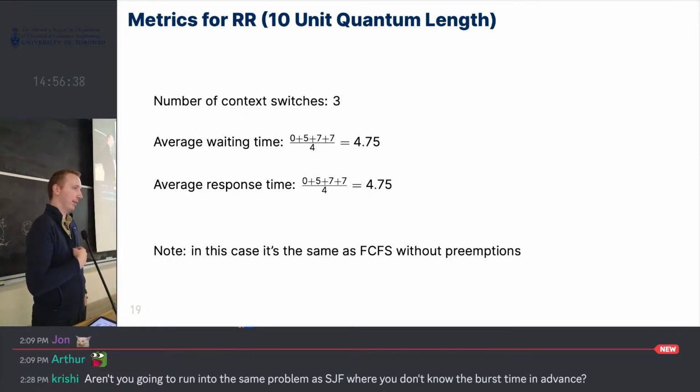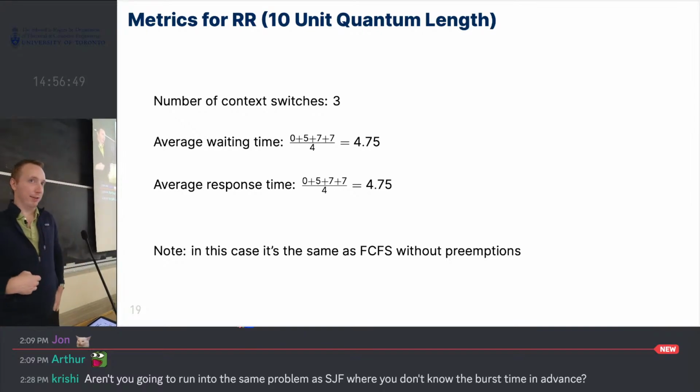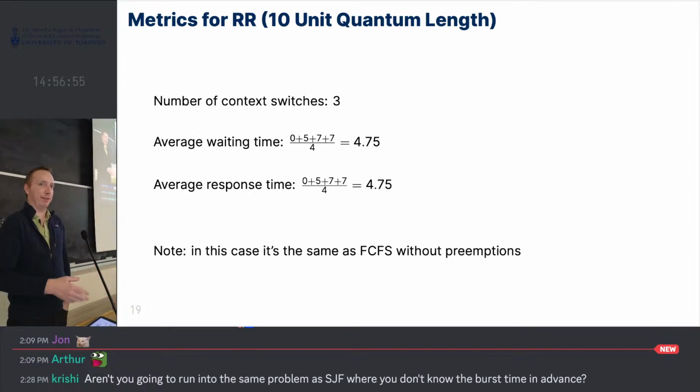Can you mix and match different scheduling processes? Like, after a certain number of time units, use one scheduling process and then use another? Yeah, so that's another good question. Can you mix and match scheduling algorithms? The answer is yeah, there's no perfect scheduling. You can do whatever you want.